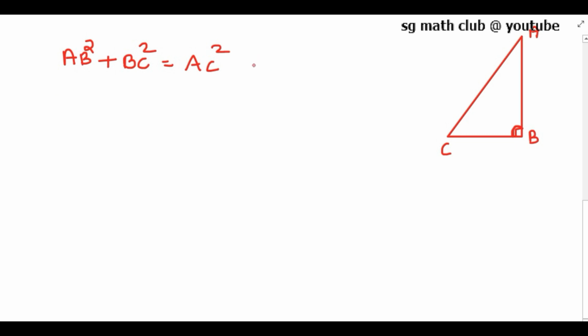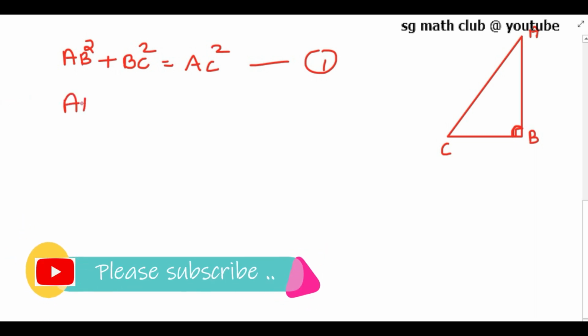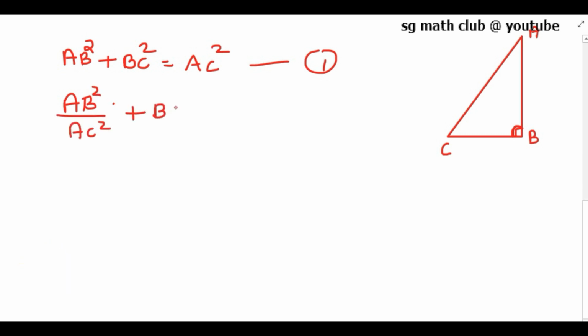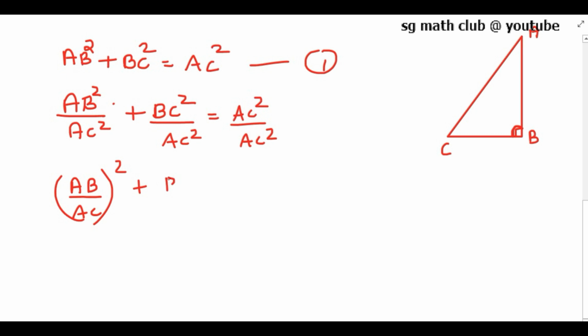Let it be equation number 1. Divide throughout the first equation by AC square. So AB square by AC square plus BC square by AC square equal to AC square by AC square. I can write (AB by AC) whole square plus (BC by AC) whole square equal to AC square by AC square, which cancels to give 1.